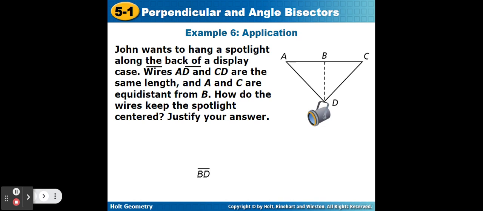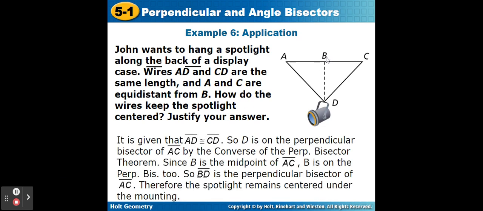Well, we can look at this, that AD is equal to CD. That means that D is on the perpendicular bisector of AC, because we know that it is equidistant from the endpoints of the segment. And since B is on the perpendicular bisector as well, it's got to be the midpoint.